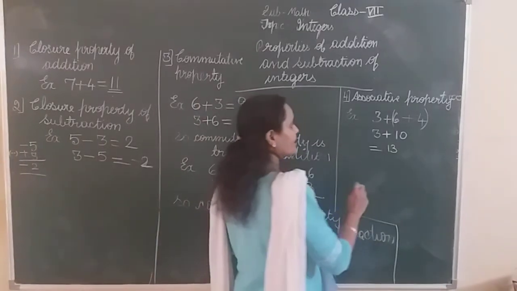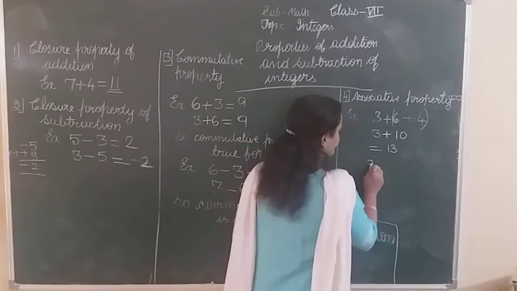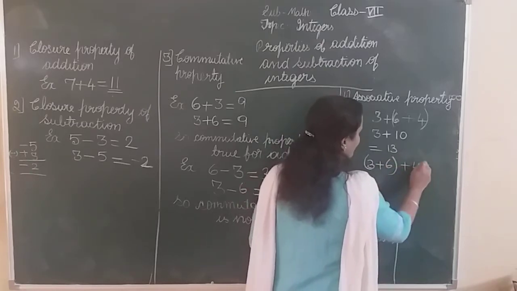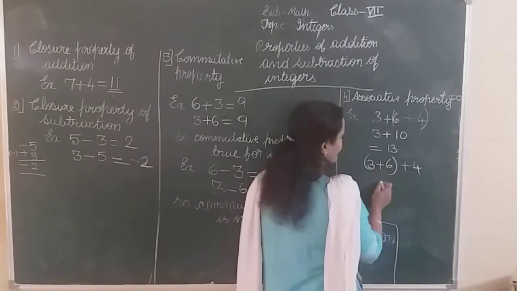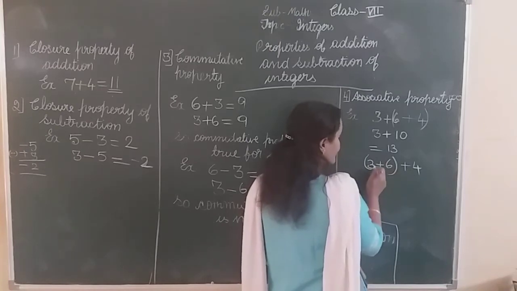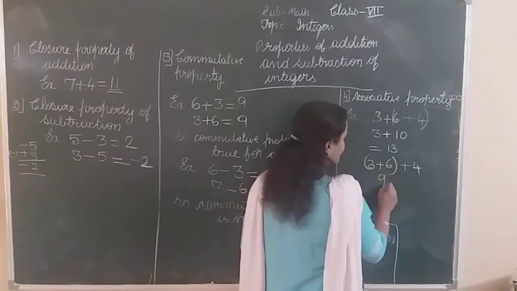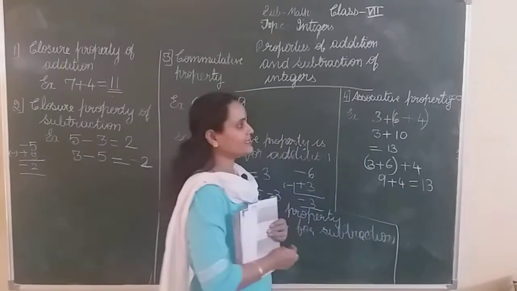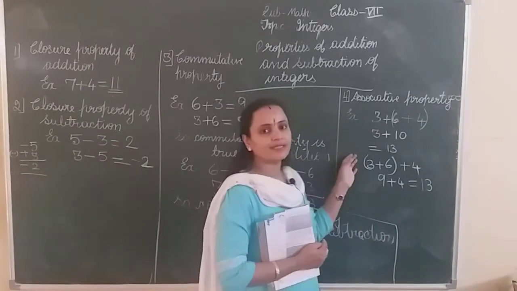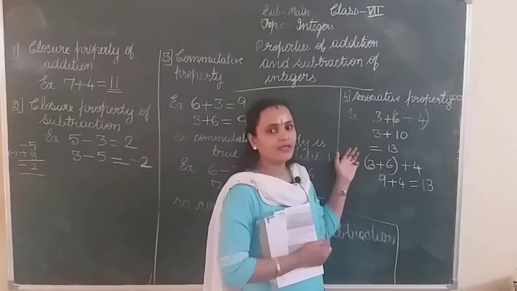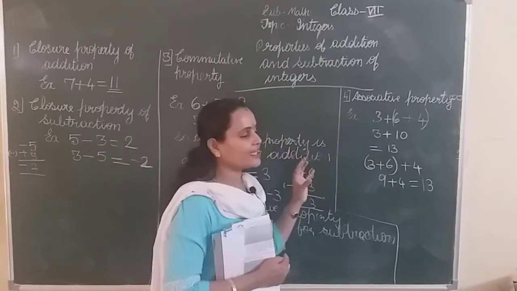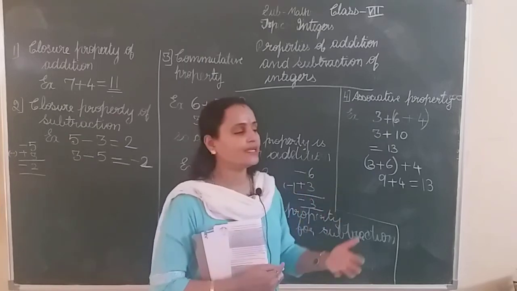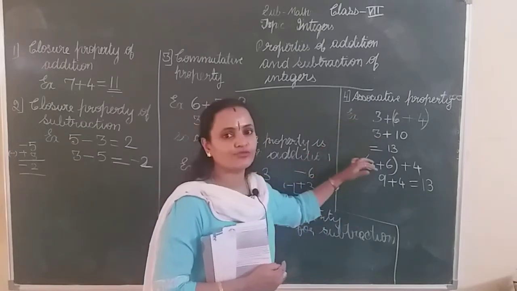Now what I do is I interchange the bracket. 3 plus 6, I put this under bracket, plus 4. Again 3 plus 6 is 9, and 9 plus 4 is nothing but 13. So in addition, if you change the bracket, the result is the same. That means associative property is true for addition. I will repeat, associative property is true for addition.